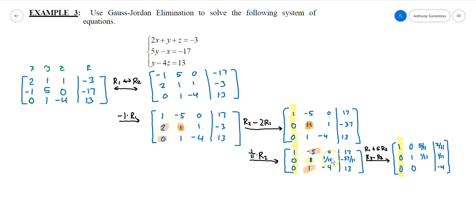Negative 4 minus 1/11 is going to give me a negative 45 over 11. And 13 minus a negative 37 over 11 is going to give me, why did I put a negative 4 there?